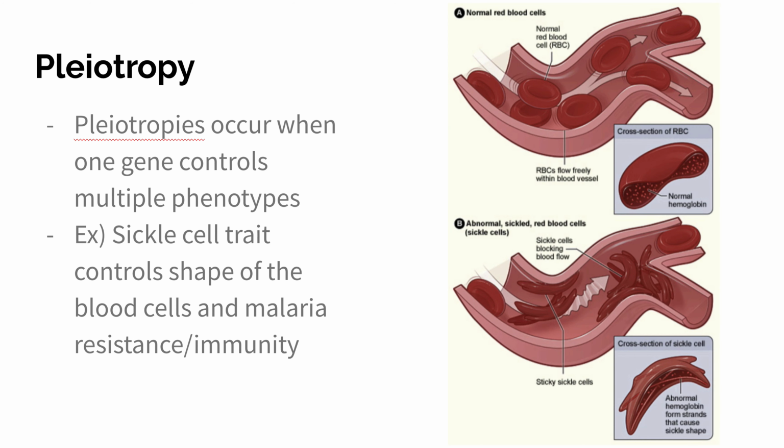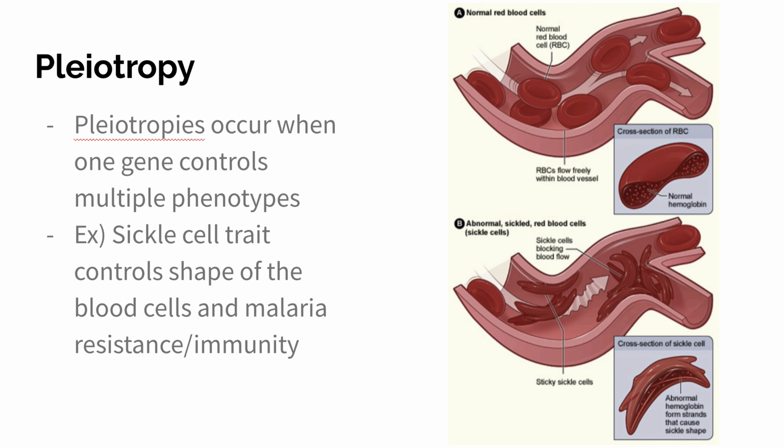Another inheritance pattern is pleiotropy. Pleiotropy occurs the opposite way around, where you have one gene controlling multiple phenotypes. A good example of this is going once again to sickle cell anemia. In sickle cell anemia, the sickle cell trait controls the shape of the blood cell as well as malaria resistance and immunity.